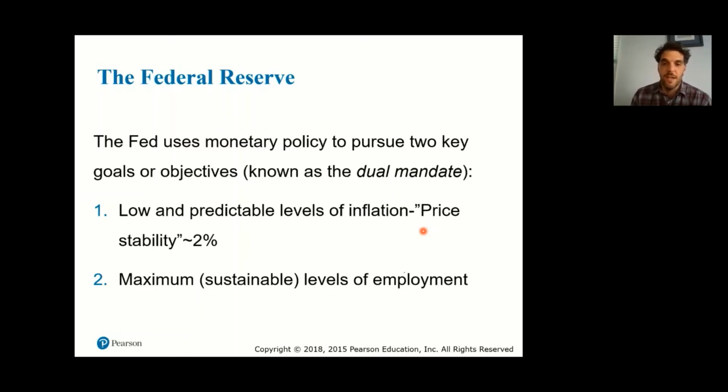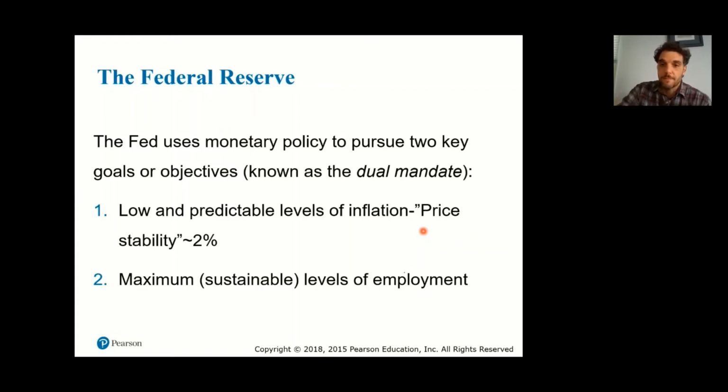We've talked about in the past how when inflation is unanticipated, it redistributes wealth between lenders and borrowers, and between employers and employees. So stable prices help to ensure that that redistribution of wealth is mitigated.